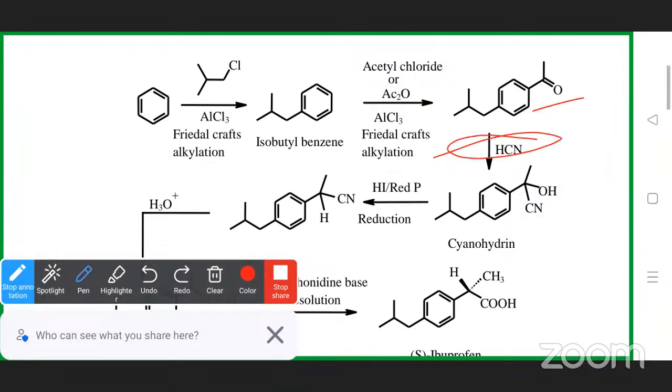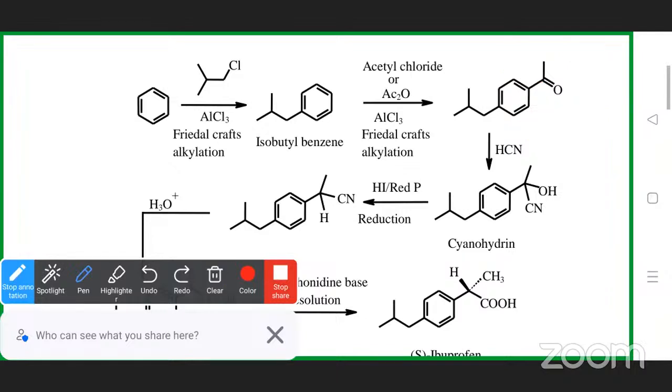So upon treating with HCN, you can see the H plus and CN minus here. This nucleophile is adding at the electrophilic carbonyl center here. Then we are getting this cyanohydrin derivative.